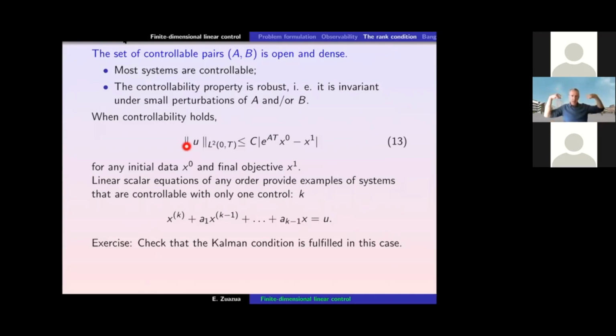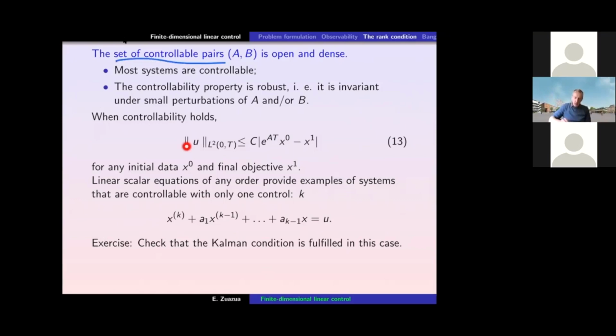But what is really important is that you can see controllability through observability, in the sense that this is reduced to a unique continuation property, and that this unique continuation property not only allows you to characterize controllability, but allows you to build a functional that, through minimization, gives you the control, right?